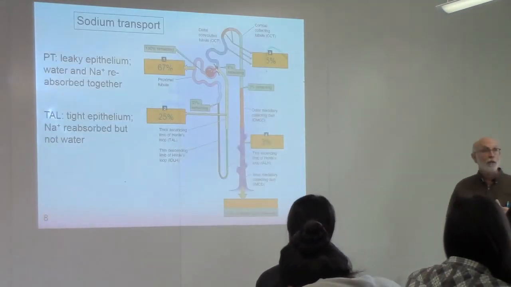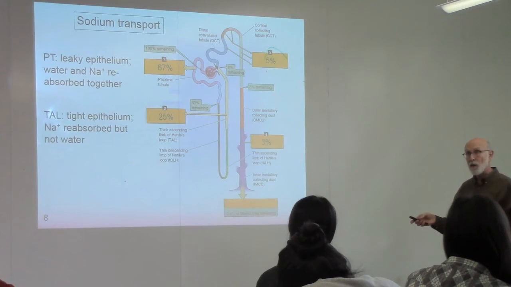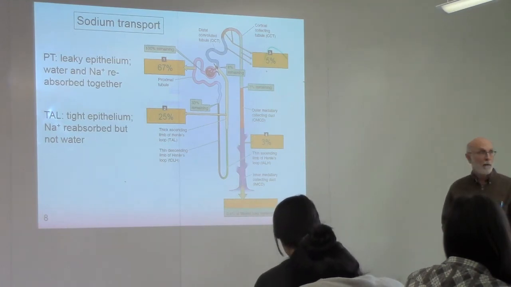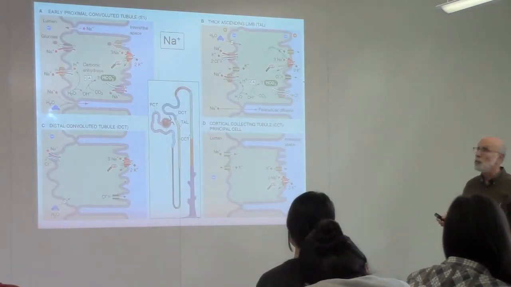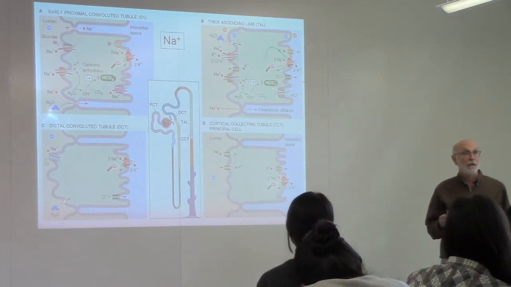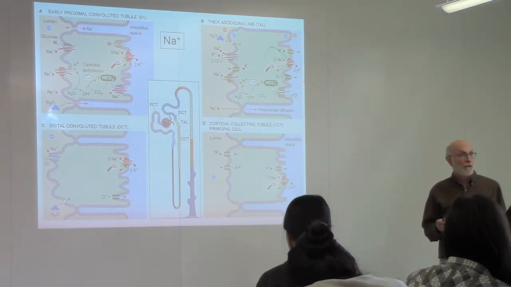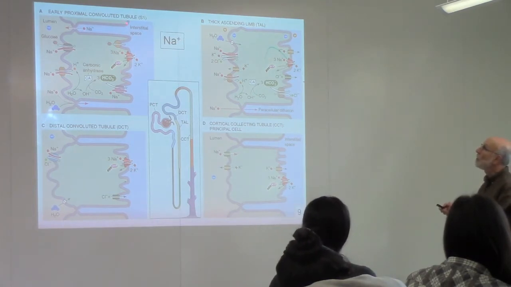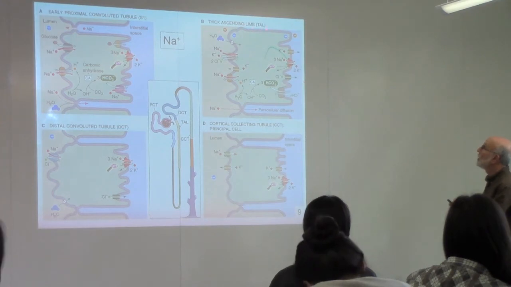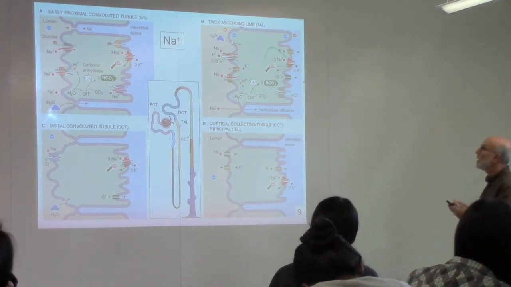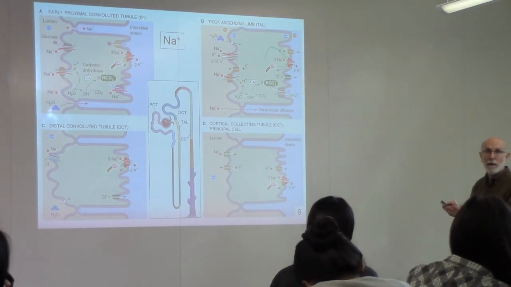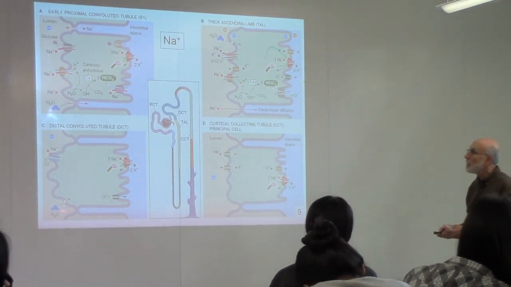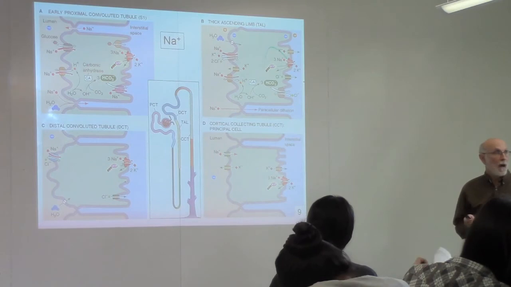So here is an epithelial cell of the proximal tubule, here is an epithelial cell of the loop of Henle, and here is an epithelial cell of a distal tubule.